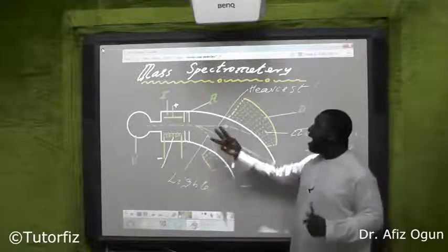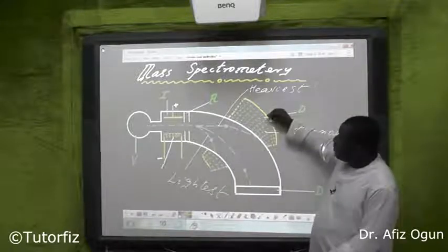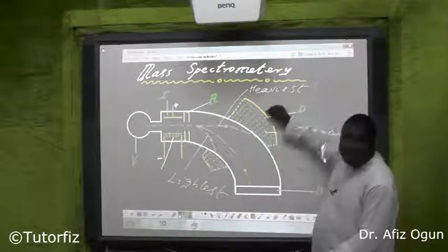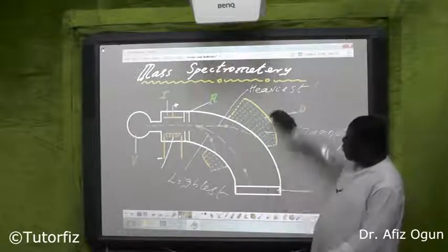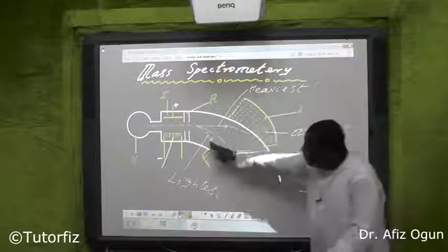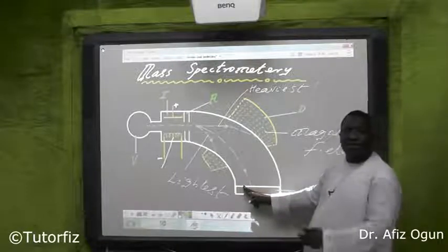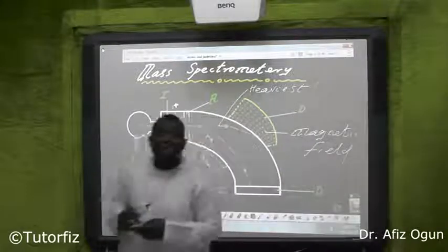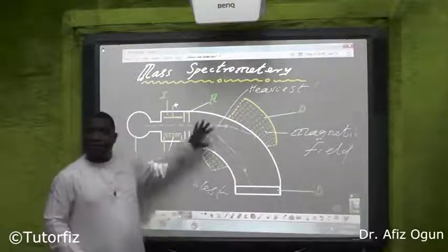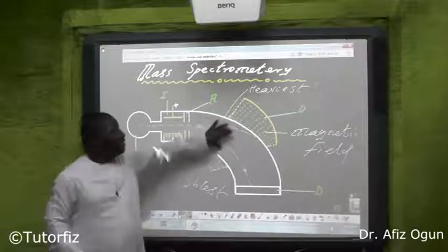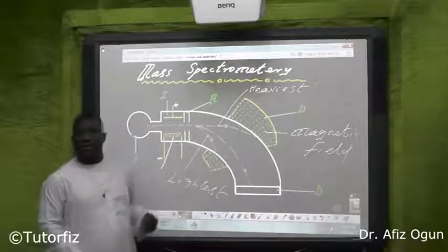If that is not done, and we are sure there are 3 there, we adjust and this gets there. We adjust the magnetic field for this to deviate up to this place. We adjust the magnetic field again for this one to get to that point. So for us to get every isotope detected, we have to adjust the magnetic field, because their masses are constant, so the deviation is not going to change until we adjust the magnetic field.